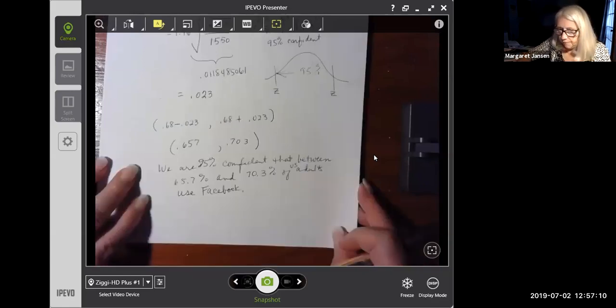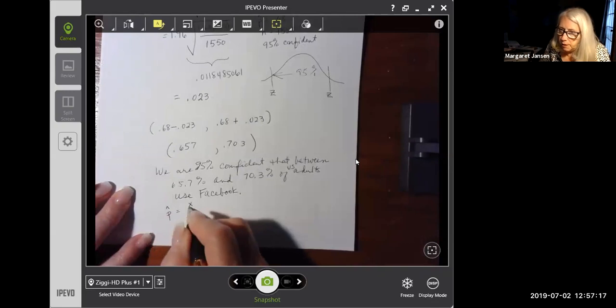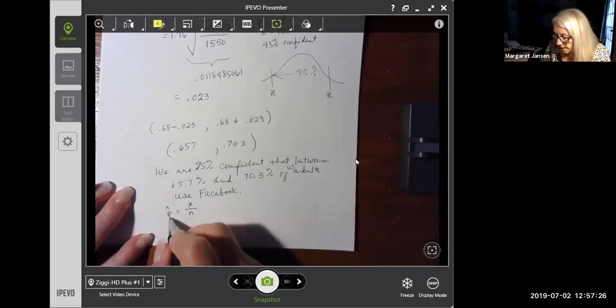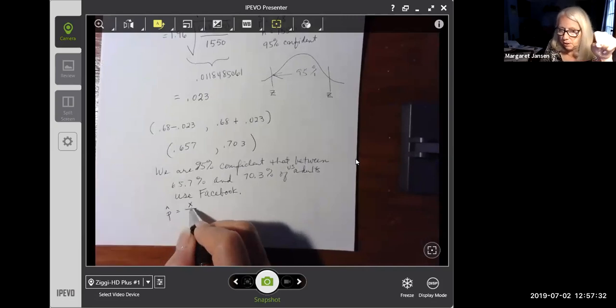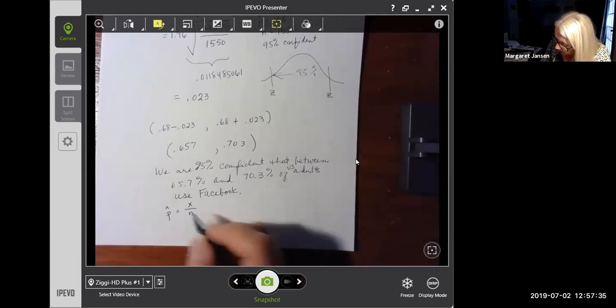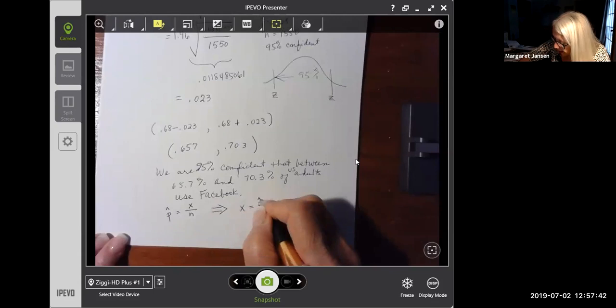The formula for p hat is always the number who gave the specific response we were interested in divided by the total number in the sample. But if what we're given is p hat and the size of the sample, and we want to know how many people gave a specific reply, which you do need if you're going to use the StatCrunch window, we can transform this algebraically to read the specific number equals p hat times the sample size.